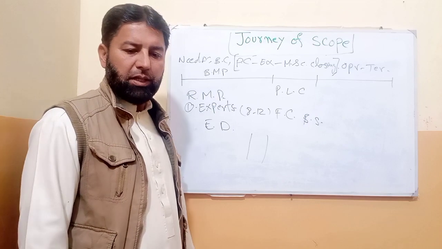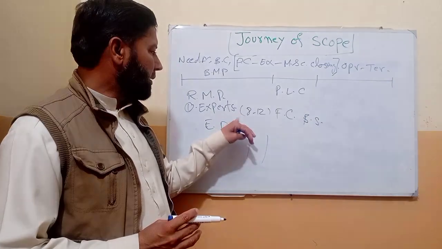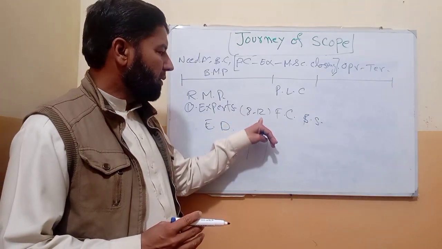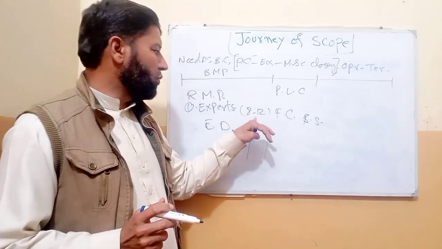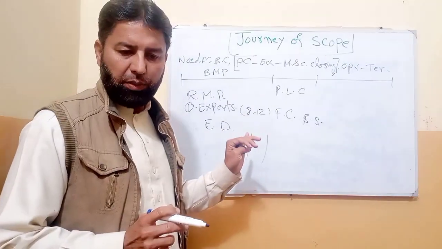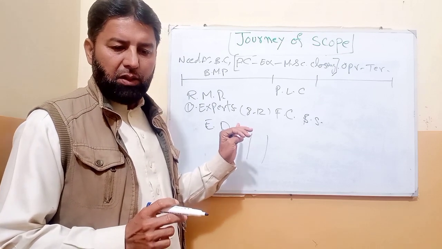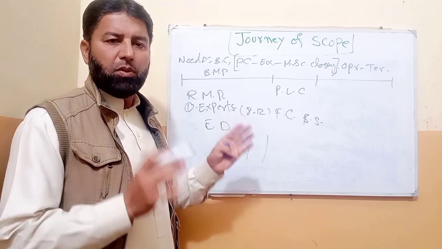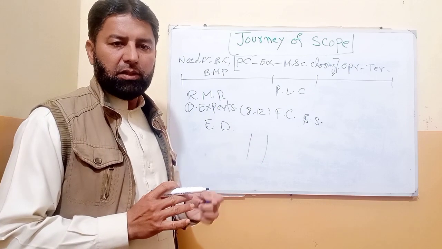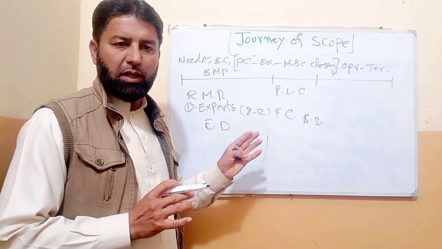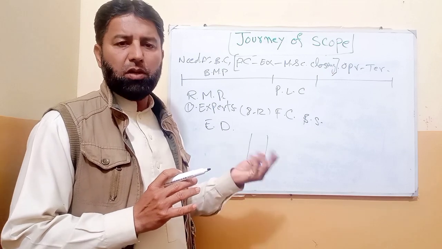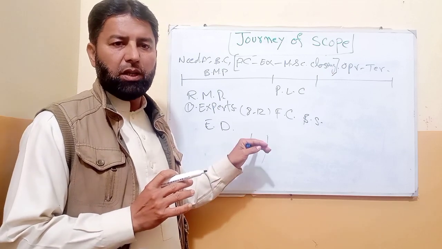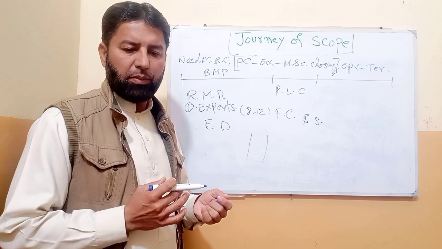Then when there are more than 8 to 12 experts, we call it a facilitated workshop. We also use a facilitated workshop to collect requirements. Then prototype. We make a prototype and give it to the sponsor, and we check and identify the requirement. Prototype we mostly use in quality, but we can use it here also to identify the requirement.